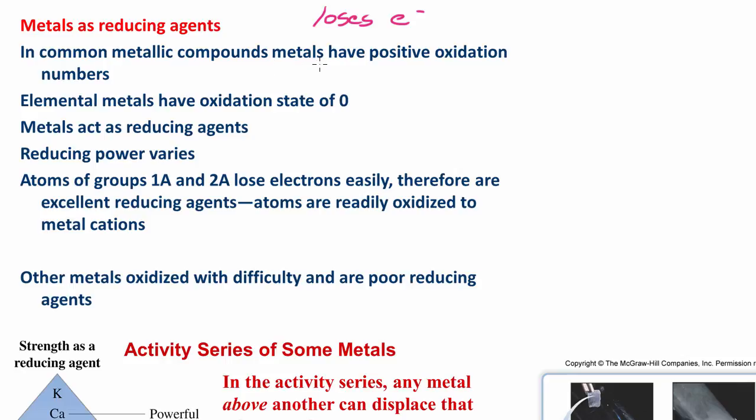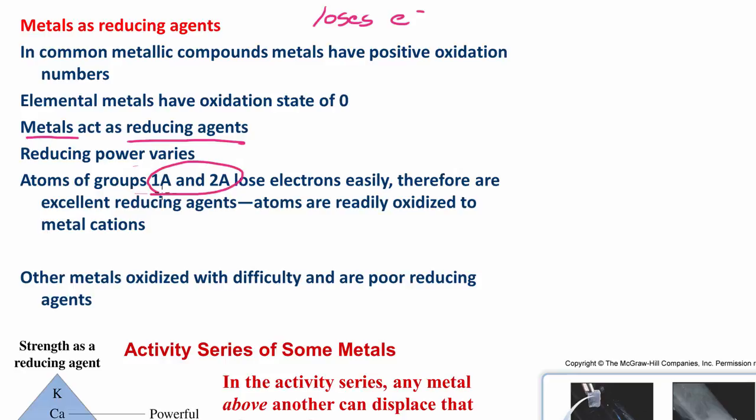So metals, we know, lose electrons. But metals do not all have the same tendency to lose electrons. In other words, some metals lose electrons more easily than others. We know then that because metals are oxidized, they act as reducing agents. And the power of the reducing agent can vary greatly.